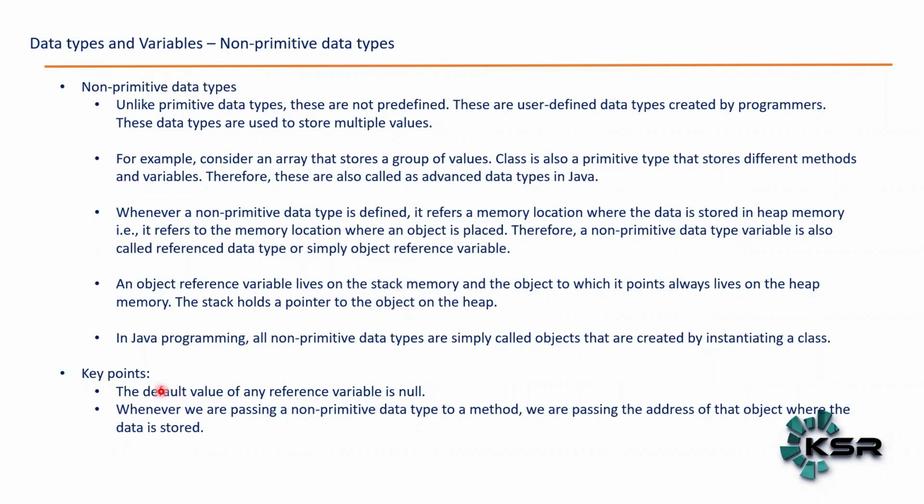So key point: the default value of any reference variable is null. We saw what null is, even for the collection non-primitive type, array. When you are defining an array in the initial stage, it will not have any value, it will be null. If you keep on assigning, the count will be incremented.